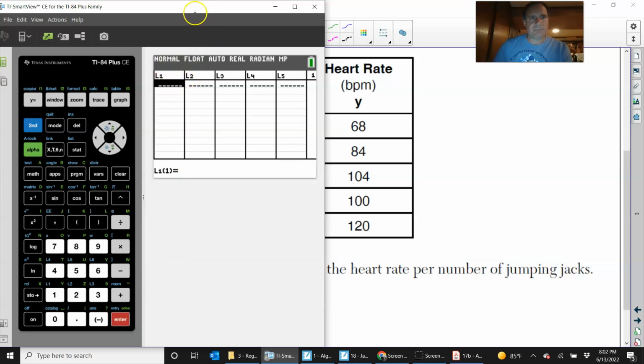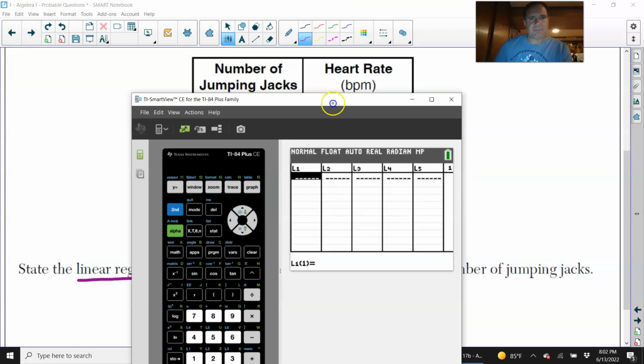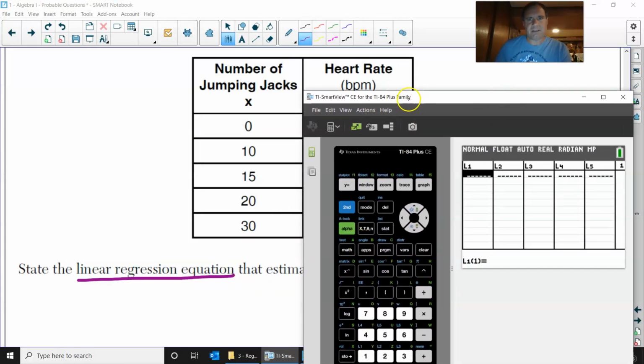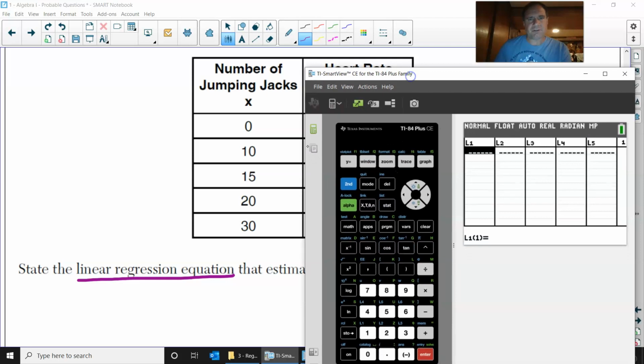We're going to put all of the numbers from the x list into L1. I'm going to press 0, enter, and it goes into the list. Then 10, enter, 15, enter, 20, enter, and 30. Then I'm going to go over to L2.